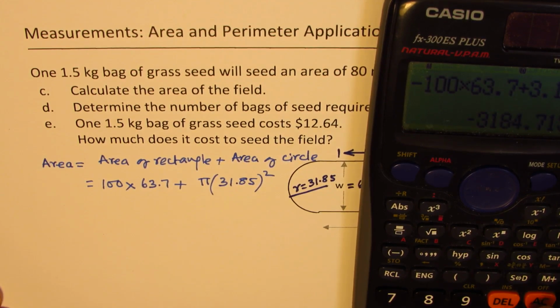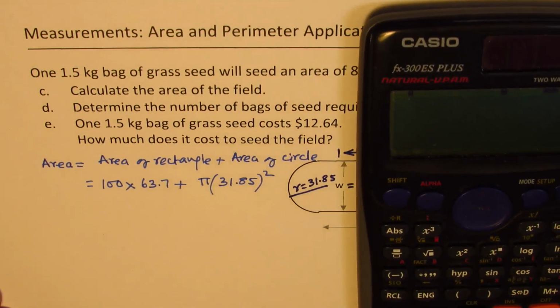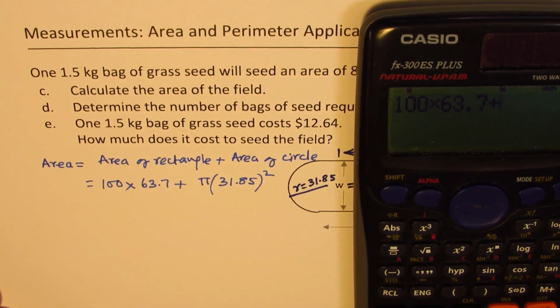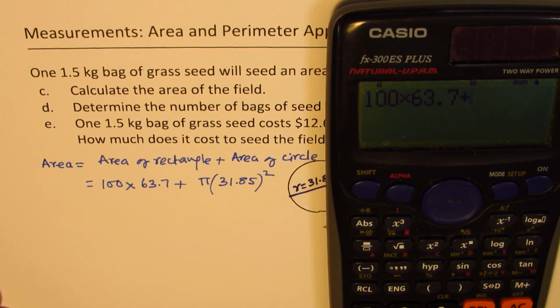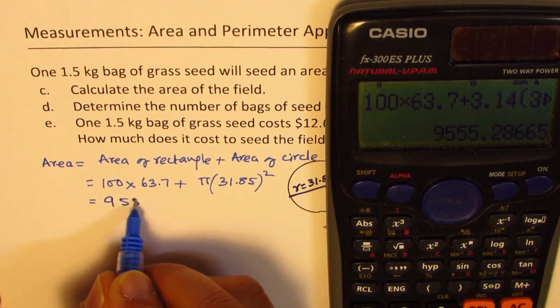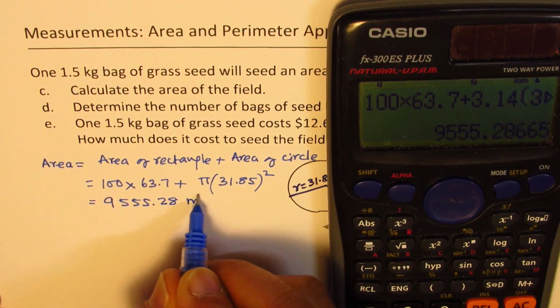Okay, so let's calculate this area now, which is 100 times 63.7 plus pi r square, so pi is 3.14 within brackets 31.85 square, and that gives you area of 9555.28 meters square, right?